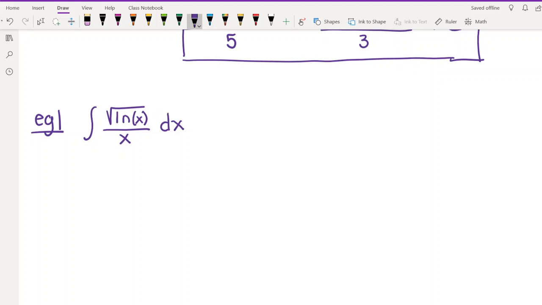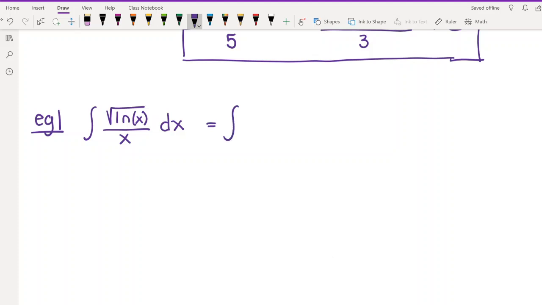And additionally, we want the derivative of that thing to appear in our integrand. So ln of x is the most complicated part of this integrand, right? And so what's the derivative of ln of x? Well, it's 1 over x. And because we have divided by x, that means that we actually have 1 over x in our integrand.